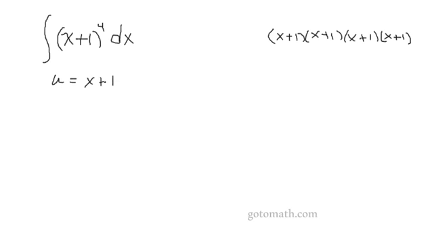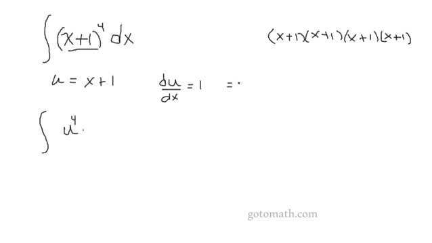Now we have to take the derivative of this, and du over dx is equal to, well, the derivative of x plus 1 is just 1. Now what we're going to do is the actual substitution. The x plus 1 gets substituted with the u, because u is equal to x plus 1, but remember it's raised to the fourth power, times the dx.